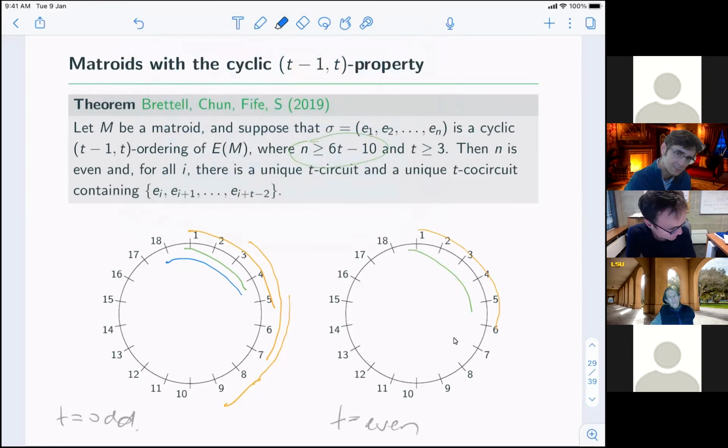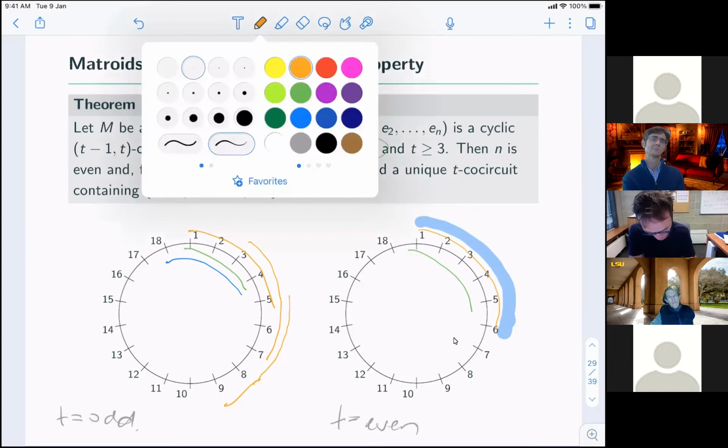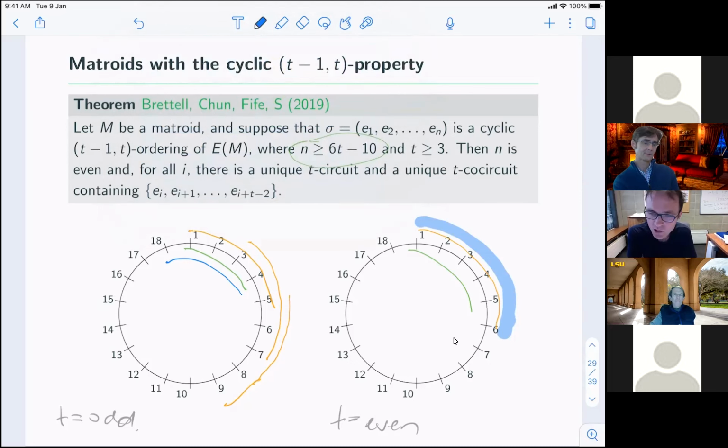So let's say it's the first one. The next thing is, if the orange is a circuit, then there's my co-circuit. All right. That's my co-circuit. And then they also jump in 2s.